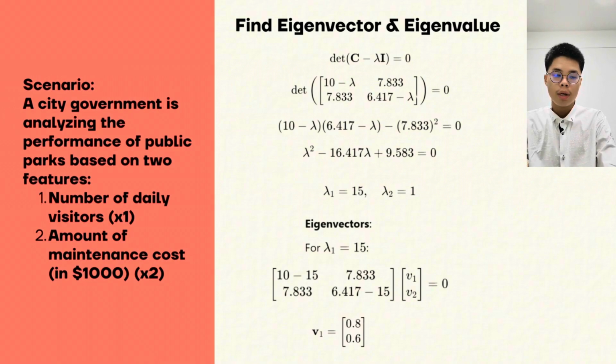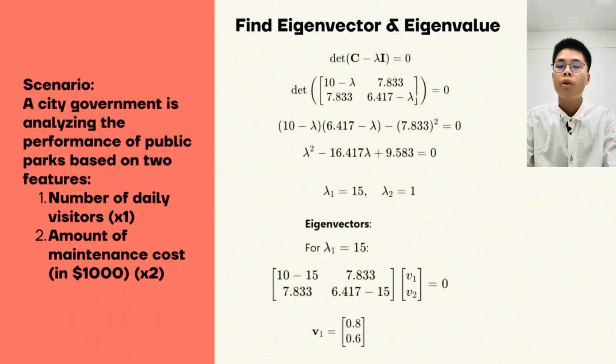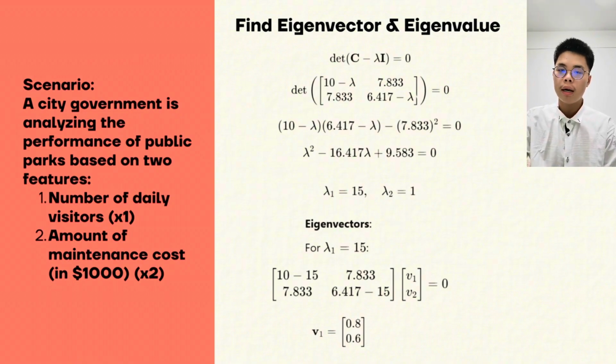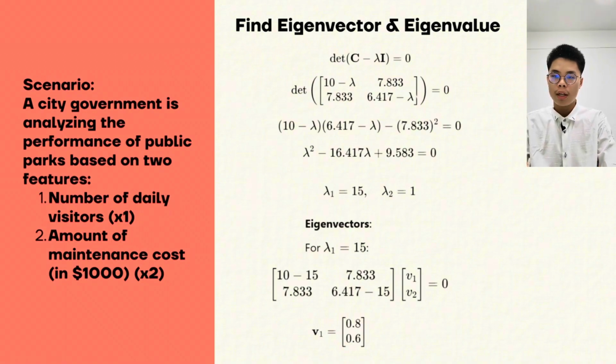This is not exact, because the exact number for lambda 1 is 15.8, but we rounded it to 15, and that will not impact our PCA data too much later.